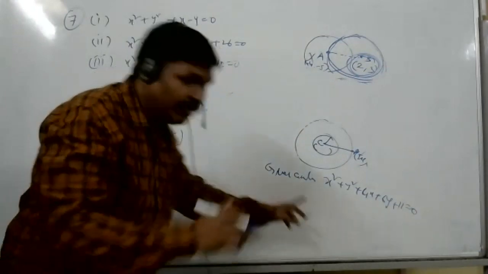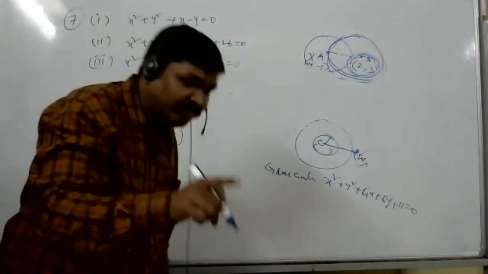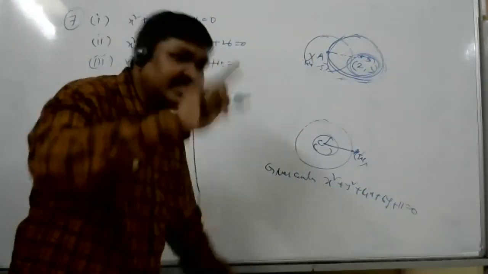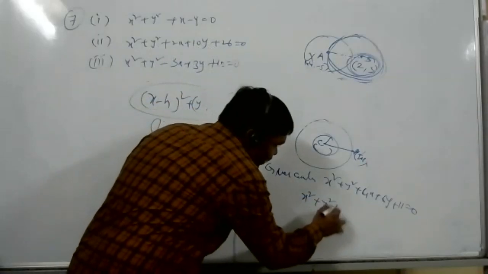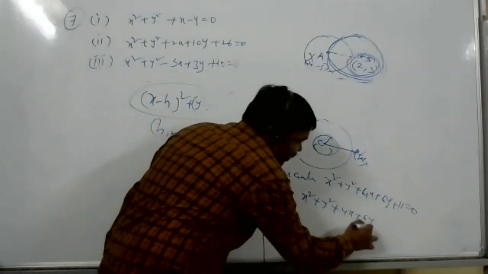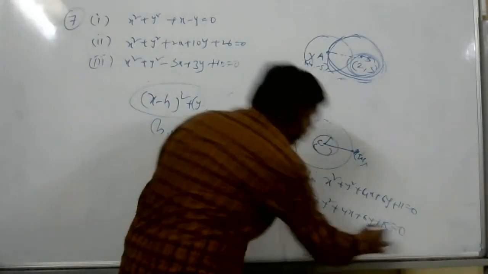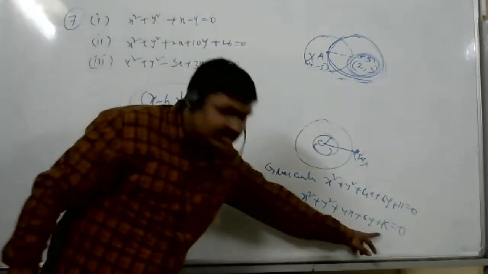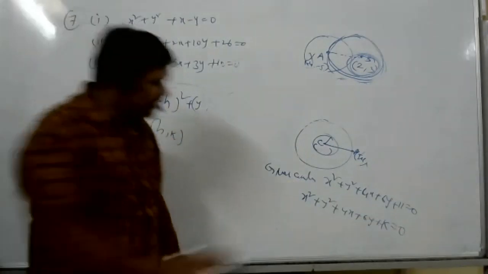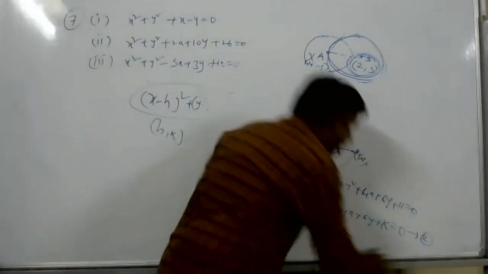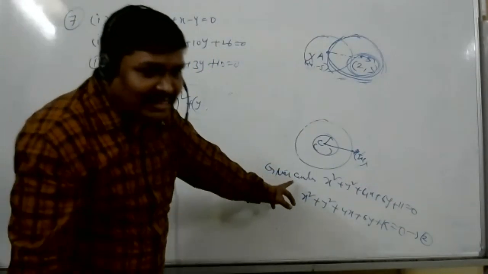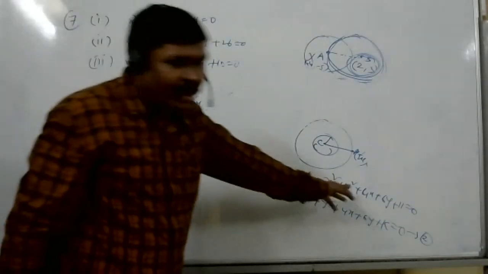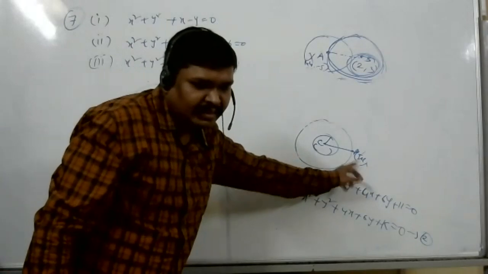So x square plus y square plus 2gx plus 2fy plus c is equal to 0 is in the form of x square plus y square plus 4x plus 6y plus k is equal to 0. This is equation 2, correct? Yes, sir. The circle in equation 2 is passing through the point (5, 4).